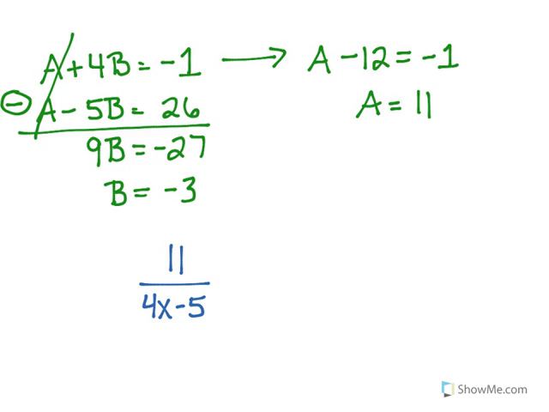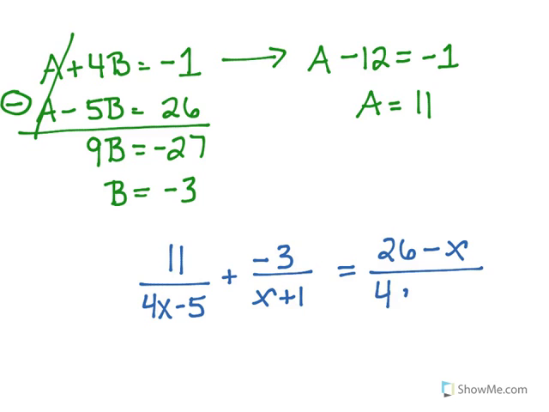And then I have plus b is negative 3 over, that was over x plus 1. And that is equal to 26 minus x over 4x squared minus x minus 5.